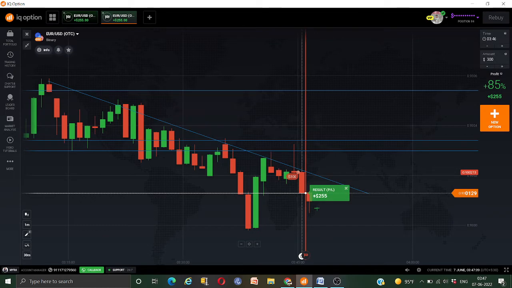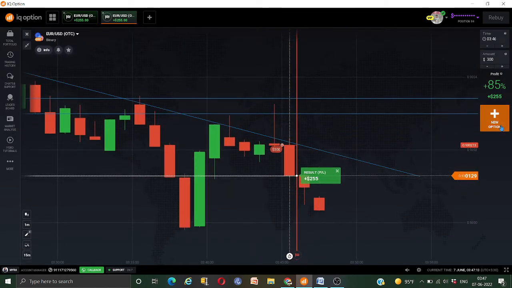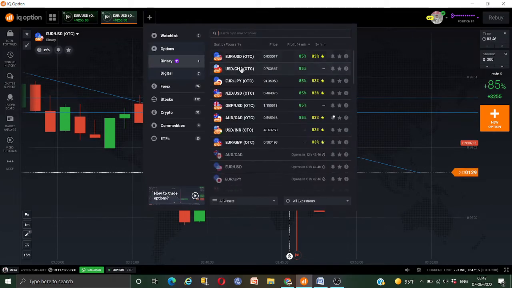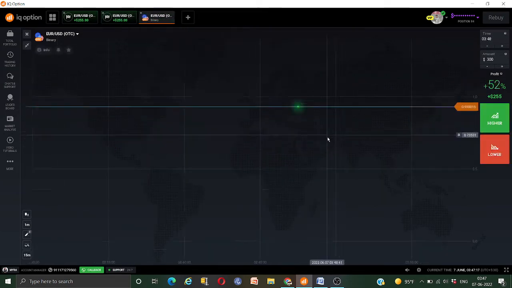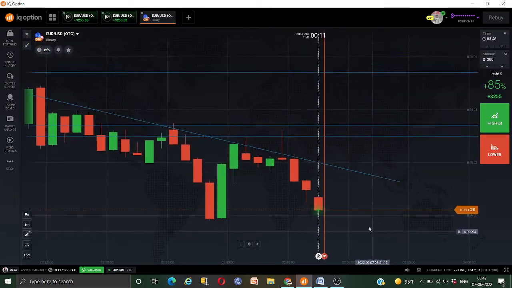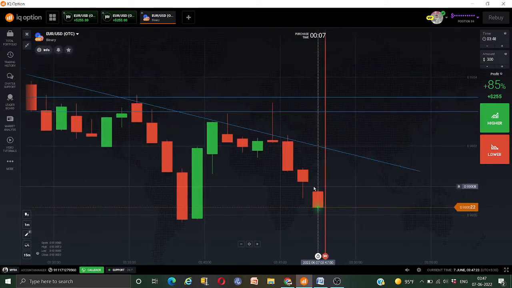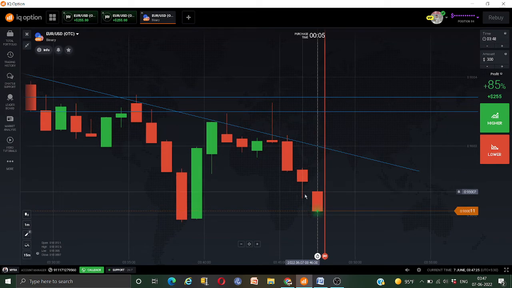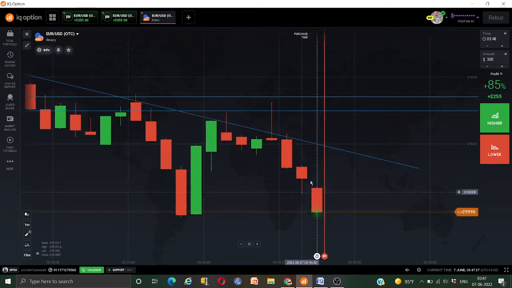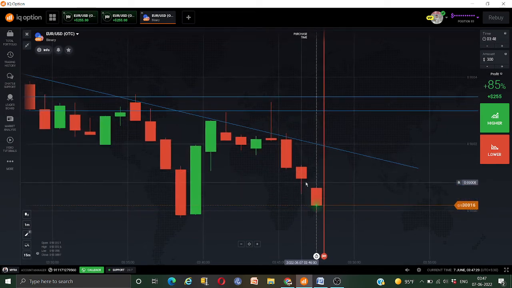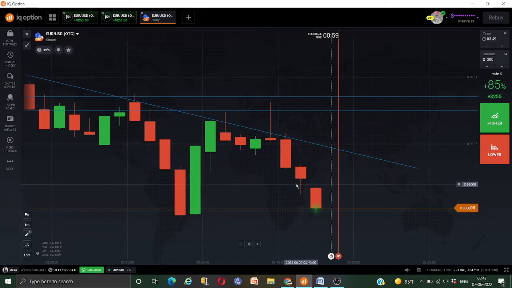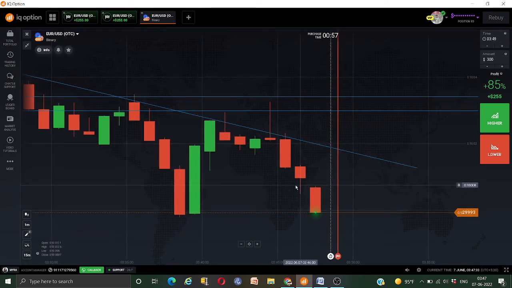Again, see here, at this point you shouldn't take any trade, because we are finding some buyers present at this point. We don't know whether the buyers are there or not.